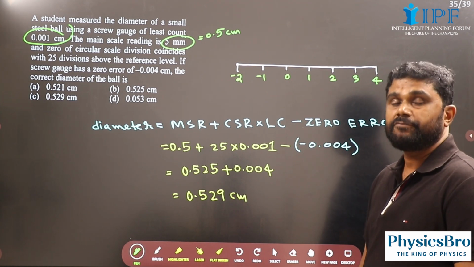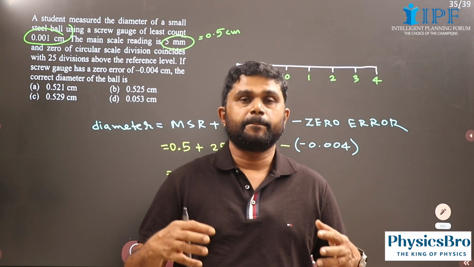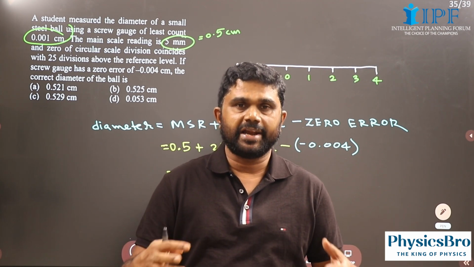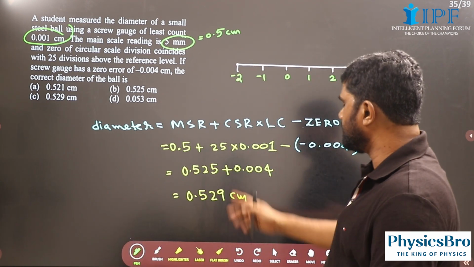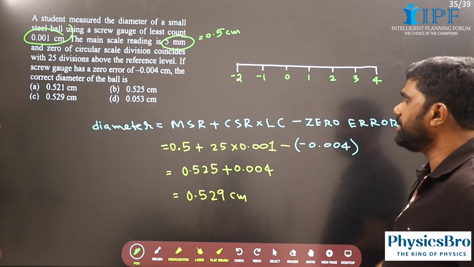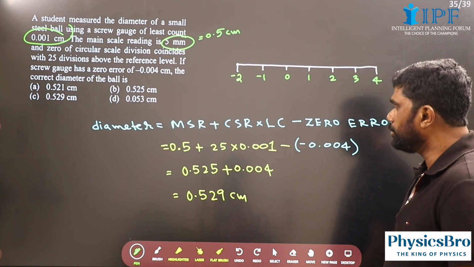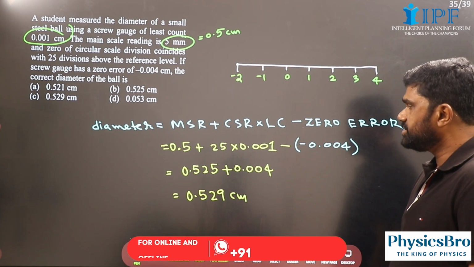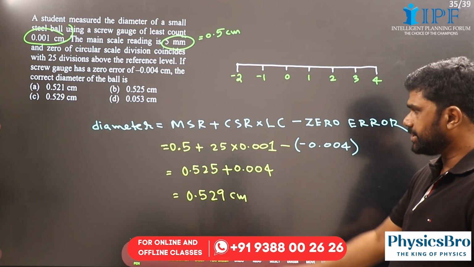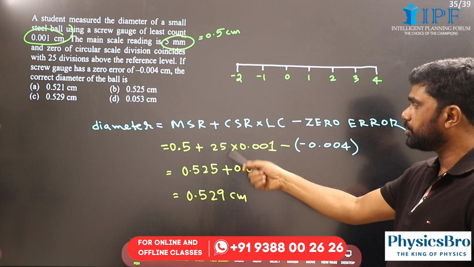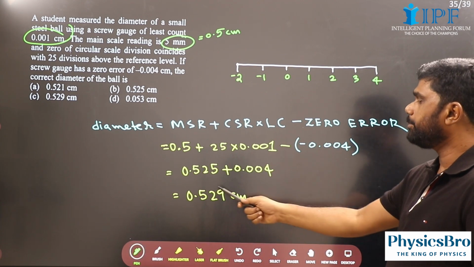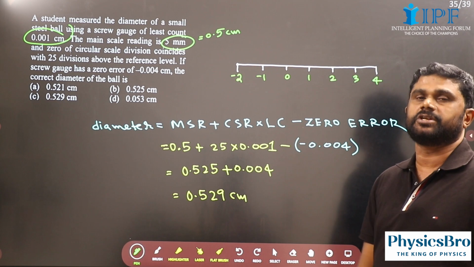And what is actually meant by this zero error? That I will explain now. Before that, just see the answer. 0.5 plus 25 into 0.001, which is 0.025, so it will be 0.525 plus 0.004, that is 0.529 centimeter.